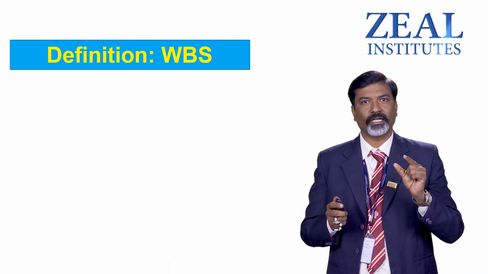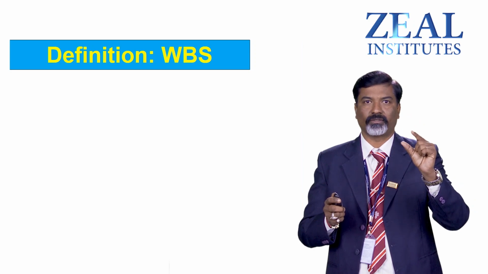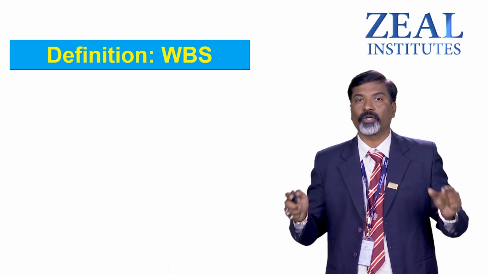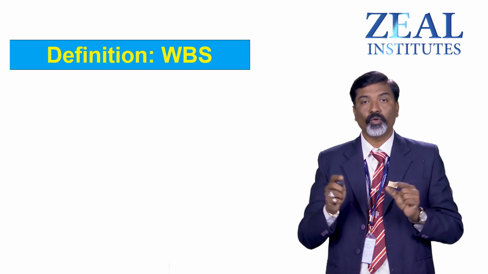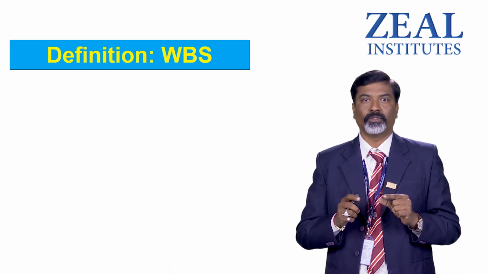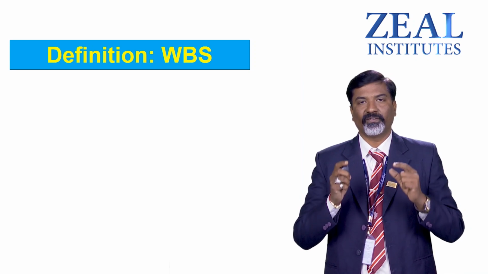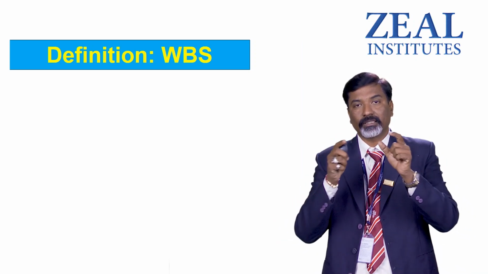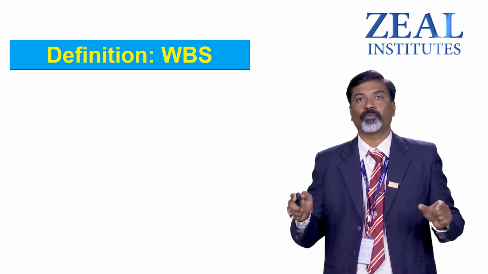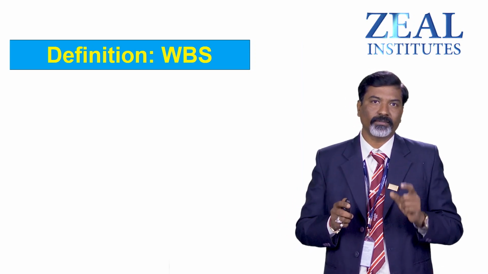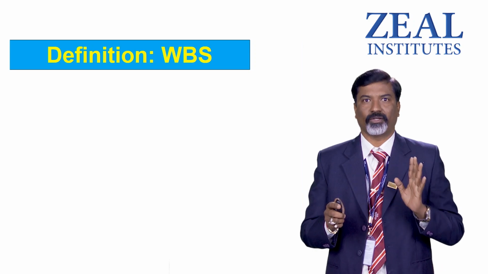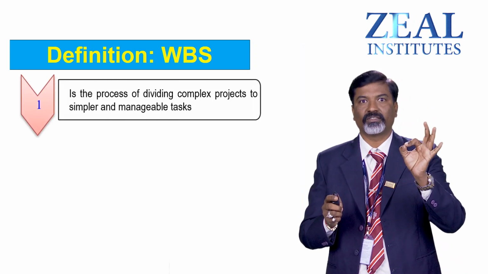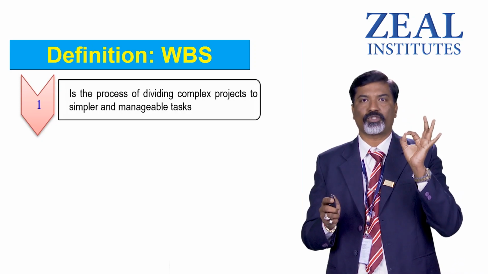In general, work breakdown structure is the procedure or process of dividing a single project into a number of sub-modules, which are independent and unique. How we bifurcate and divide the components of a project into smaller parts, that process is called WBS or work breakdown structure. First, it is a process of dividing a complex project.